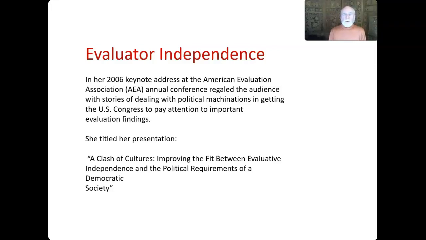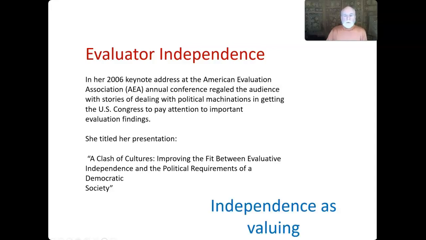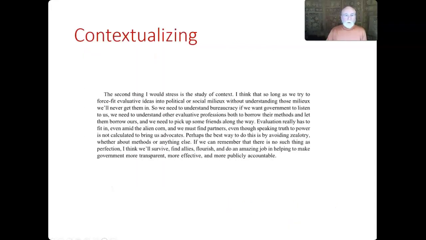That's what's being protected above everything else. And so that valuing branch is really represented by the massive effort in infrastructure around the globe to ensure that evaluators are operating independently. Independence as valuing.